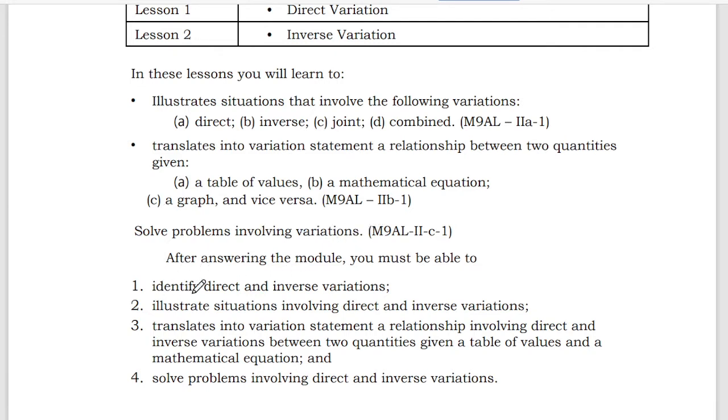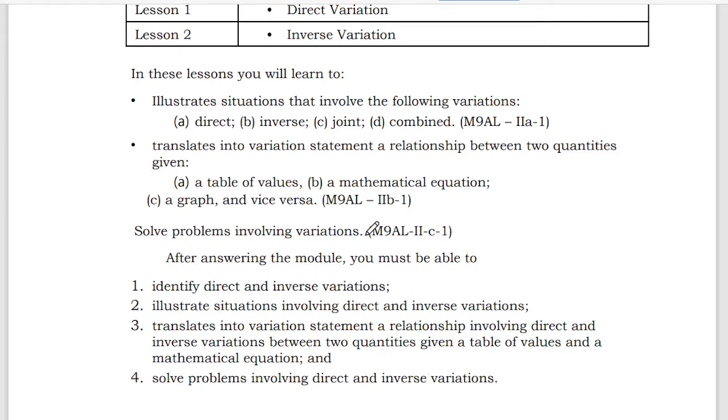After answering the module, you must be able to identify inverse variation, illustrate situations involving inverse variation, translate into a variation statement a relationship involving inverse variation between two quantities given a table of values and a mathematical equation, and solve problems involving inverse variation.